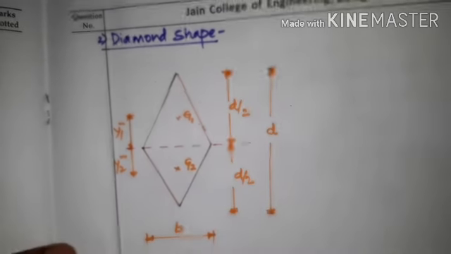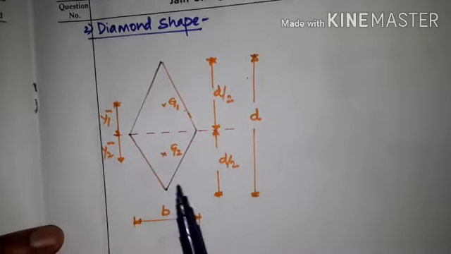Now we will check one more, that is the diamond shape. We'll calculate for the diamond shape.